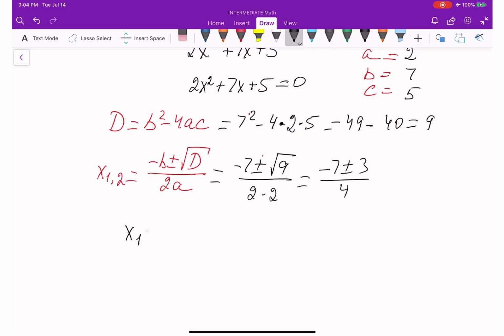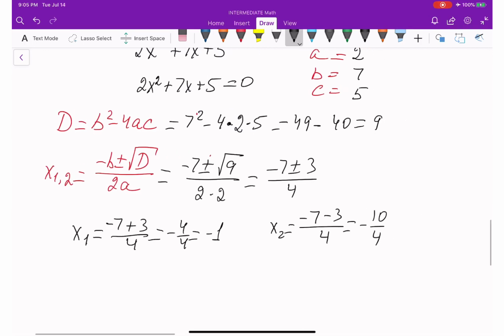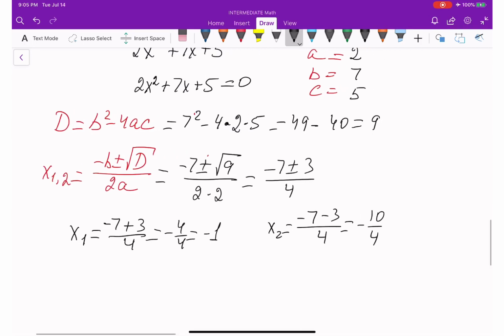So x1 is equal to negative 7 plus 3 over 4. That is equal to negative 4 over 4, which is equal to negative 1. x2 is equal to negative 7 minus 3 over 4, and that is equal to negative 10 over 4. Okay, we reduce by 2.